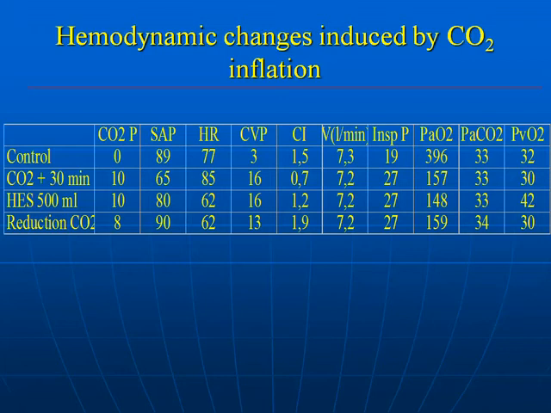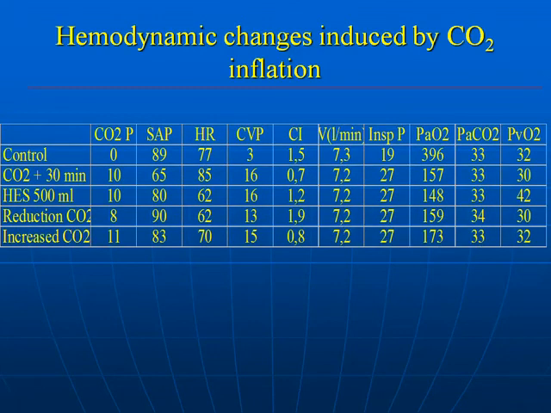But if you do this, sometimes you have problems visualizing the mammary or during your anastomosis. So you have to find a compromise between not too much CO2, and of course a good cardiac index. Then you increase the CO2 again, and you can see already that after 30 minutes the CO2 pressure increased from 8 to 11.